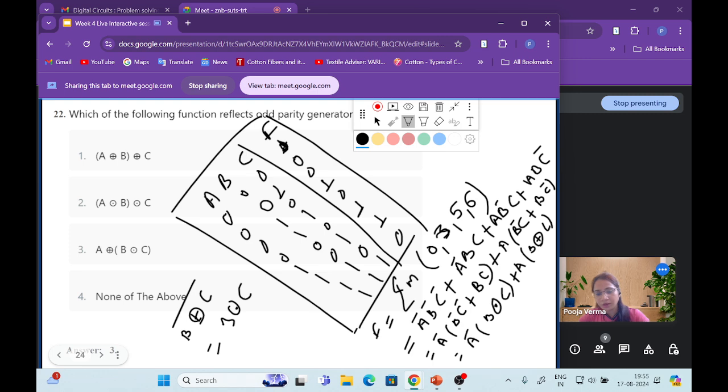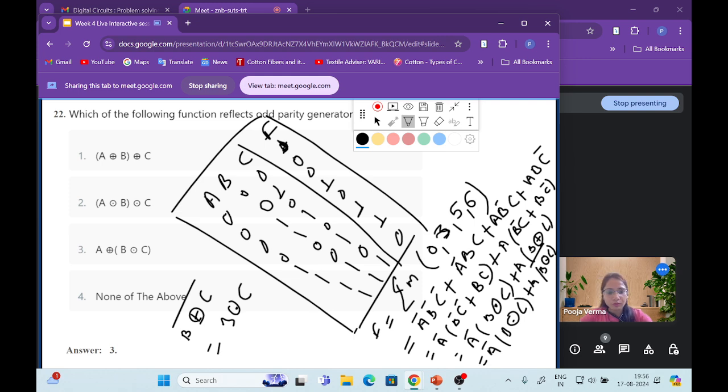So A' X, if we take the bar of X, is B XNOR C, plus A times B XNOR C'. If you further solve it, you will get B XOR C only.